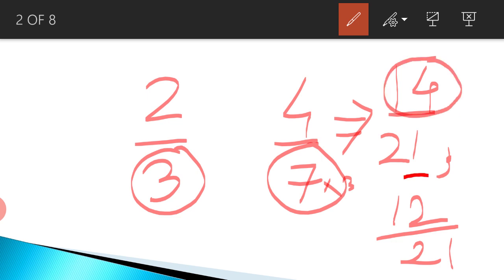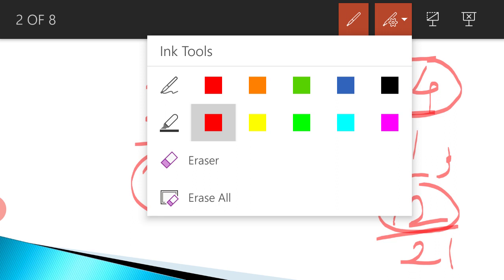We compare the numerators, and 12 by 21 means 12 out of 21 pieces. If you are selecting 12 pieces, that means that fraction is lesser. And if 12 by 21 is smaller, then the original fraction 4 by 7 is smaller. So this was one method we used when we have to compare two fractions.